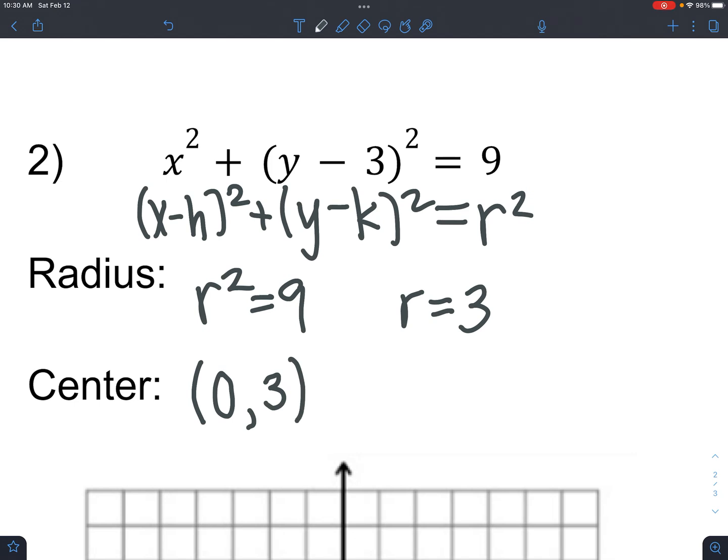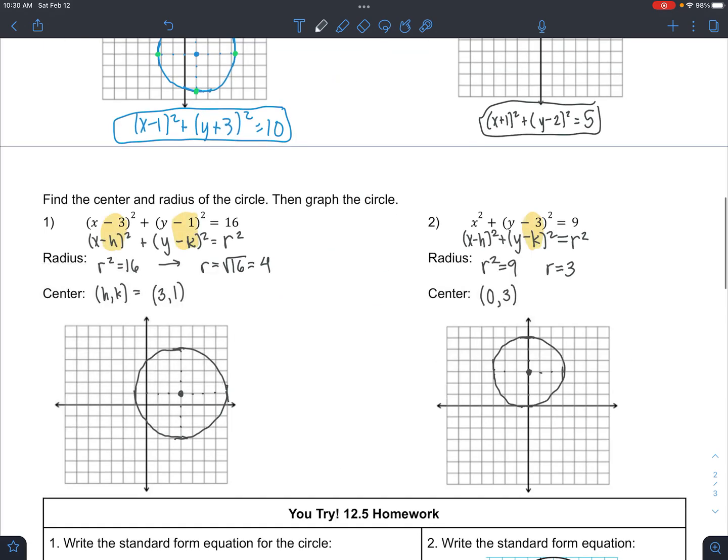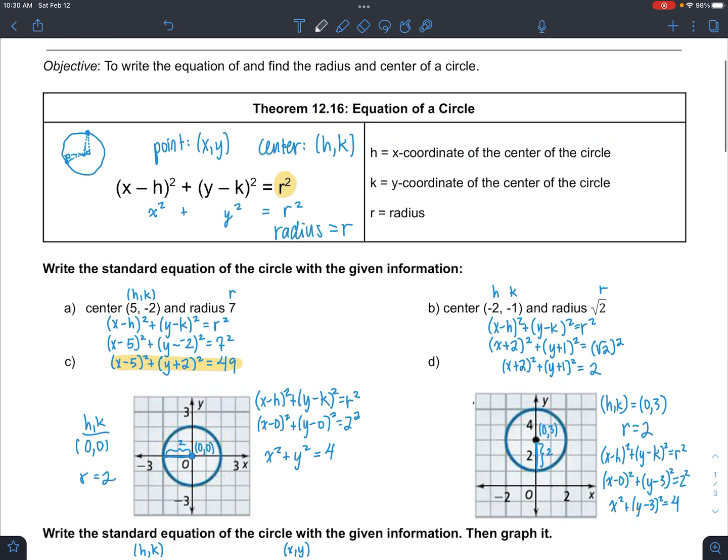And again, k needs to be 3. So that the signs agree in our formula and in the given example. Okay, so go up to 3, and then we have a radius of 3. So 1, 2, 3, 1, 2, 3, 1, 2, 3, 1, 2, 3, and just draw a good circle there. Okay, there you have it.